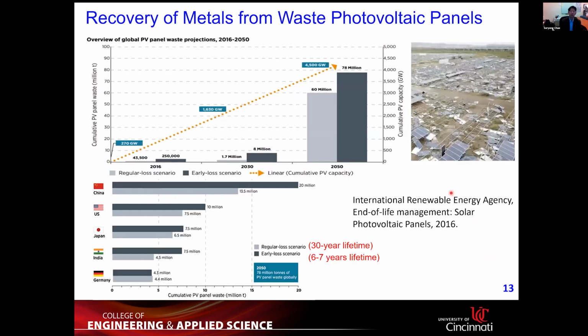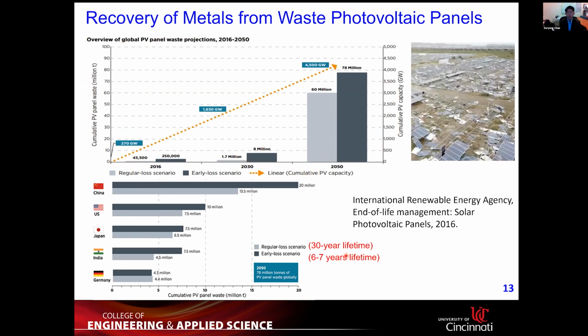And also, photovoltaic panels. More and more PV panels are used around the world to harvest energy from sunlight. So we expect we may have 4,500 gigawatt capacity of energy generation from solar panels by 2050. That means after a certain lifetime, you may have a lot of waste coming from this photovoltaic energy harvest technology.